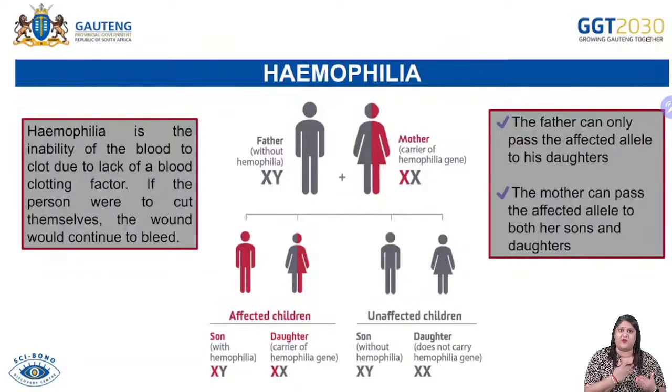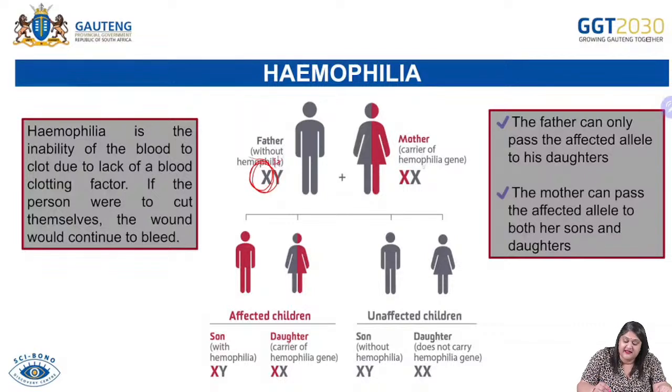If we've got a father without hemophilia and a mother without hemophilia, both of these individuals do not have hemophilia. However, what do you know about genotypes that Sina has taught you? That every genotype has 2 alleles. So for every trait, there are 2 alleles. In this instance, the father has X with a capital H, because he's fine.